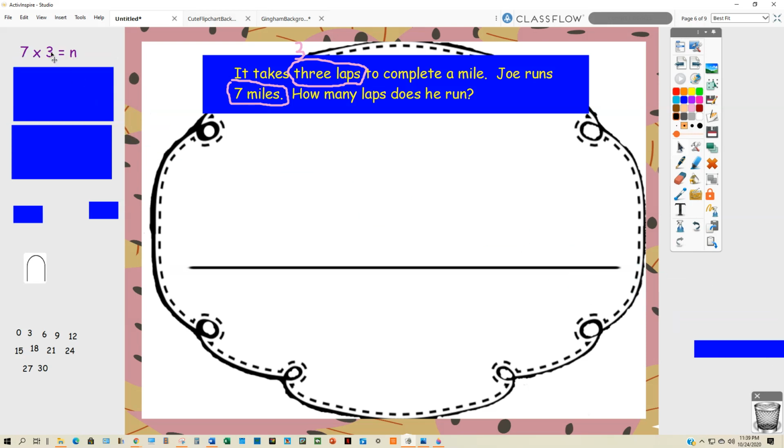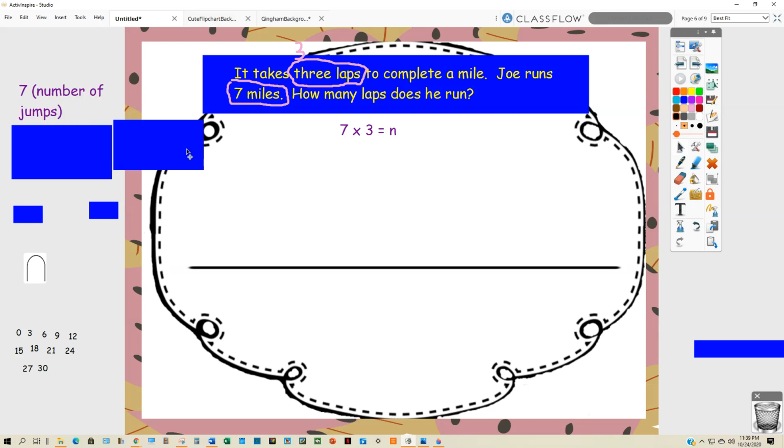So here's how I set it up. I said, okay, he runs 7 miles, and I know in 1 mile, it takes 3 laps. So if I want to run 1 mile on this track, I've got to run around it 3 times to get 1 mile, but he does 7 of them. And I need to know how many laps that is total.